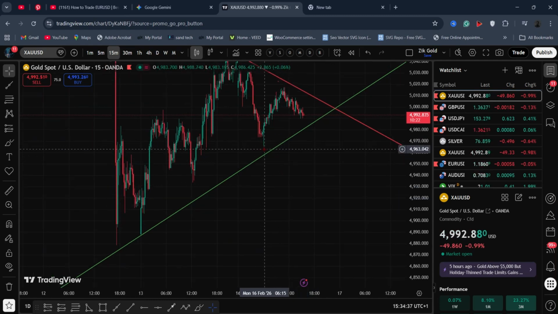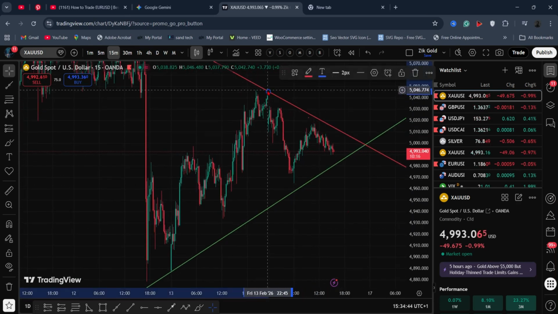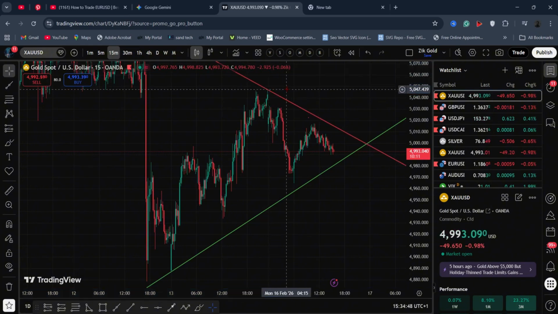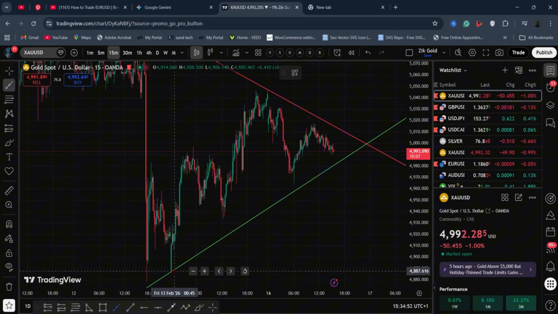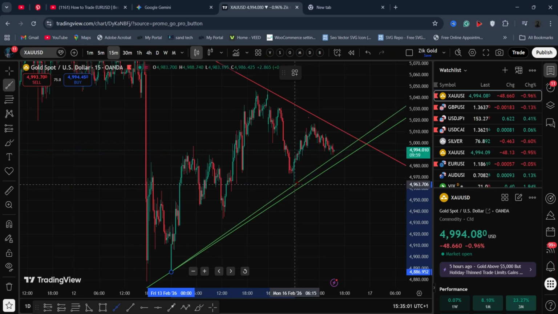There's a particular touch point here and a touch point here. So what we're going to do now is just adjust this line so that we're not seeing a wick breaking out. Then we click on Ray. Then we set it to this point.